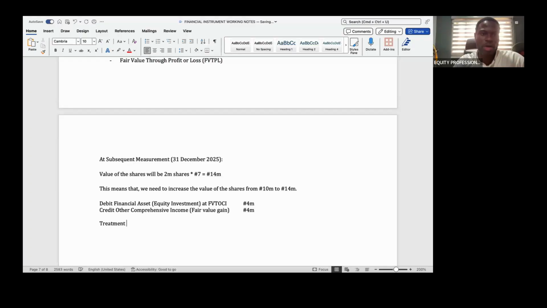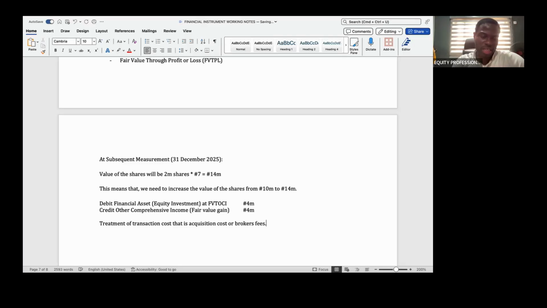Finally, still on equity investments, is the treatment of transaction price or transaction costs. Let me call it transaction cost. That is acquisition cost or broker's fees.